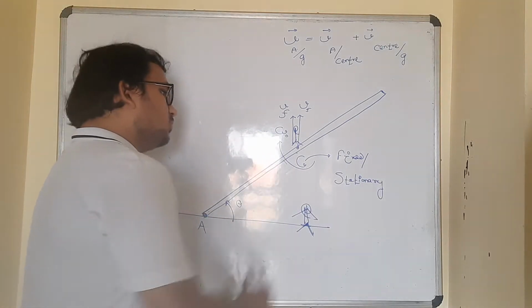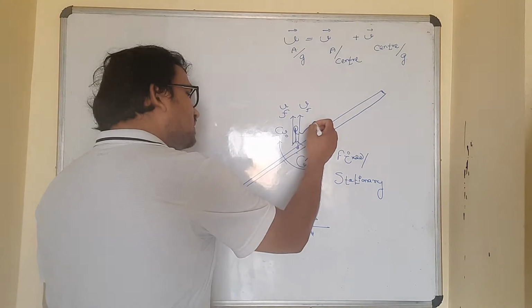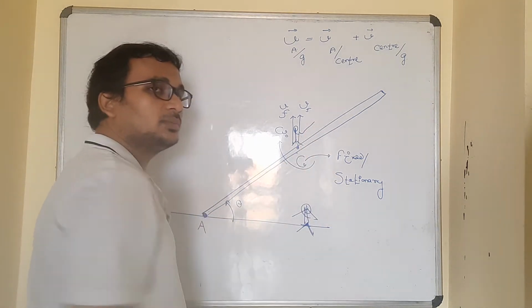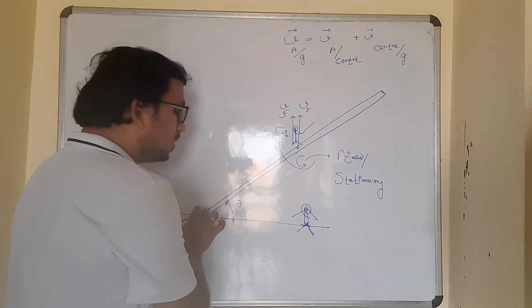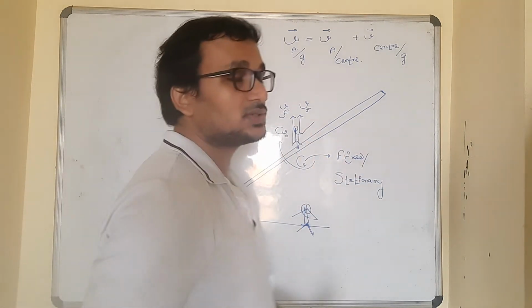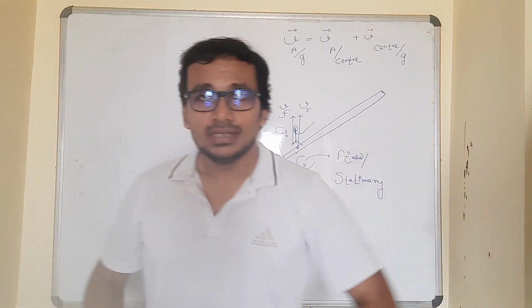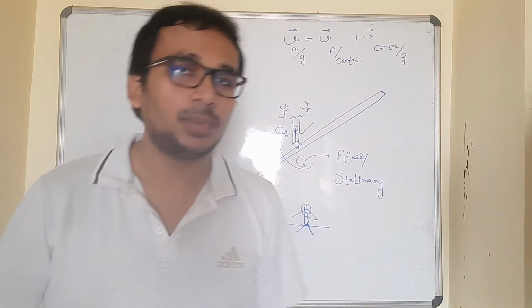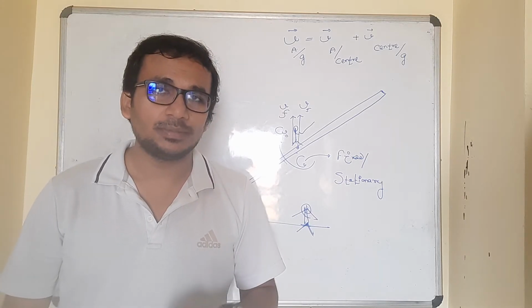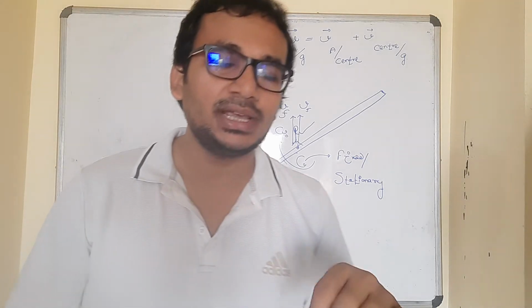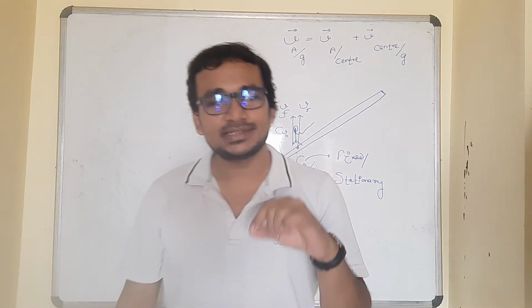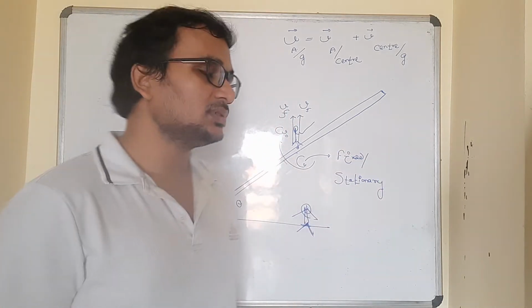Fine. The moment this person says that the rod is in pure rotation, that means every point of the body starts moving in a circle with the axis of rotation as the center. Now what is the axis?